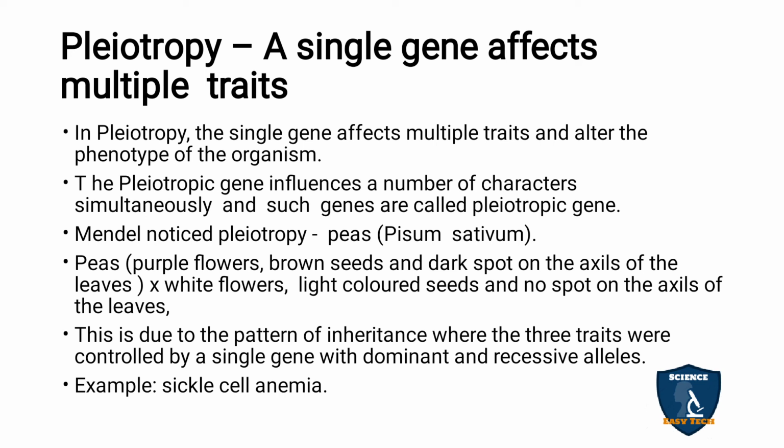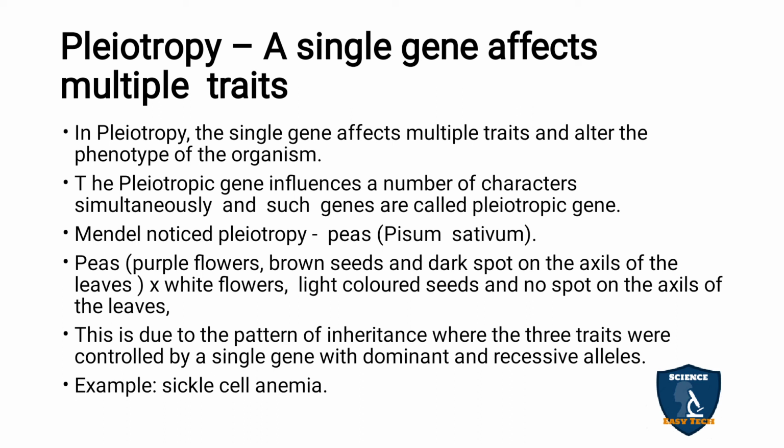So, growth of the hair, color of the hair, and the color of the hair, you have gray color, white color, black color, like this. So many colors of hair are there, and even the skin color depends on the character. So one gene is controlling many traits of an organism, that is called pleiotropy.